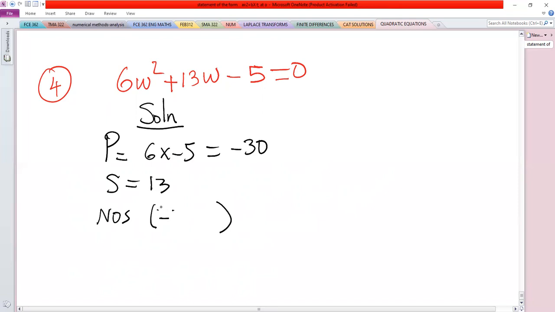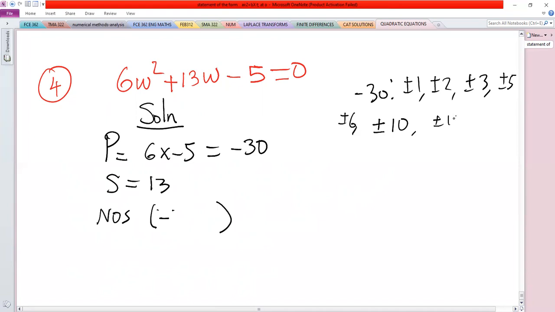So the product is minus 30 and the sum is 13. The numbers are, so factors of minus 30: plus or minus 1, plus or minus 2, plus or minus 3, plus or minus 5, plus or minus 10, plus or minus 6, plus or minus 15, plus or minus 30 itself.